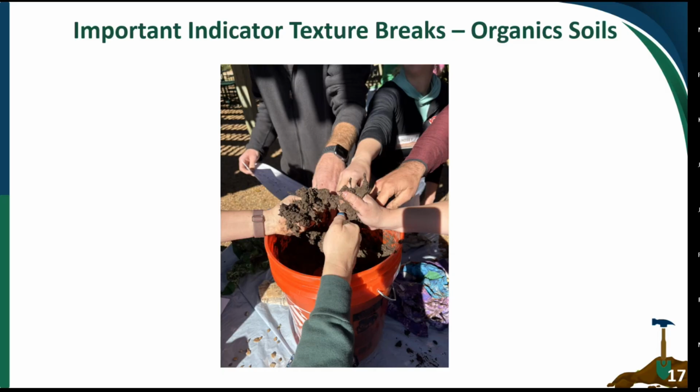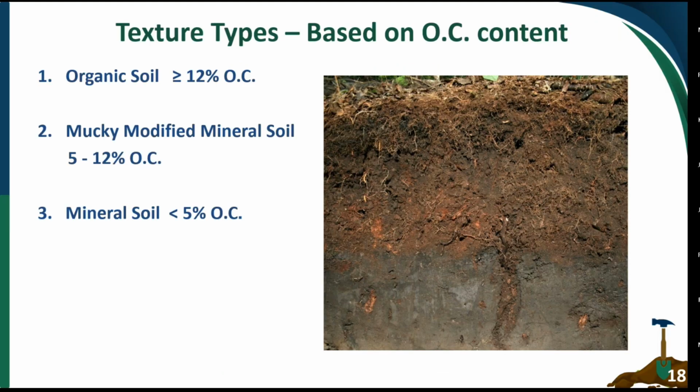And in order for us to be able to even have a chance at accomplishing this in the field, we have to know what these terms mean. So, soil taxonomy groups soils into three basic types based on how much organic material they contain.